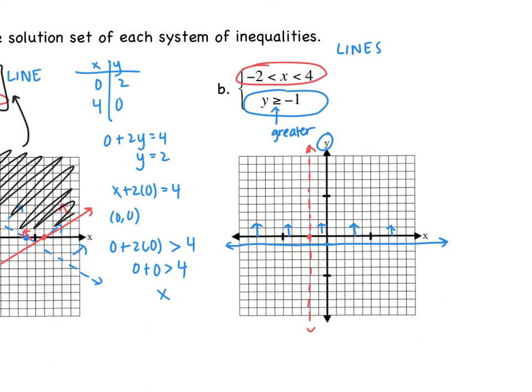Same idea. X-axis, x equals 4 is right here. So we're going through the x-axis, so it's going to be a vertical line. And we would shade everything in between those two dashed lines.